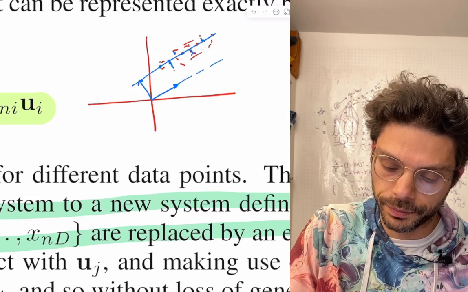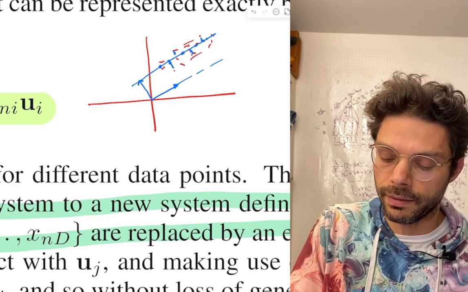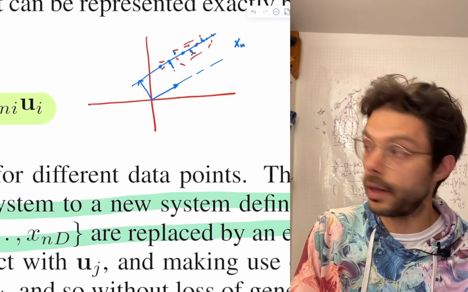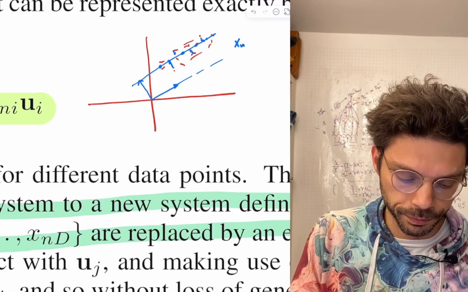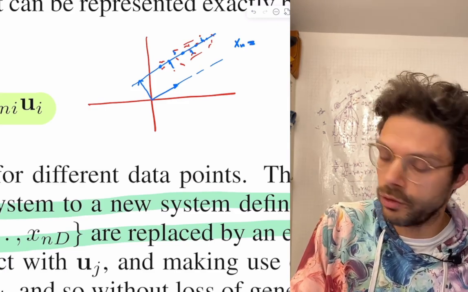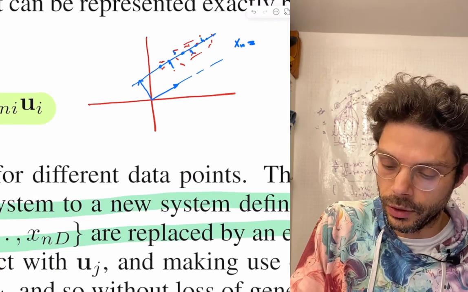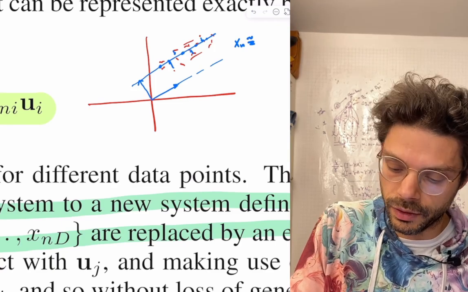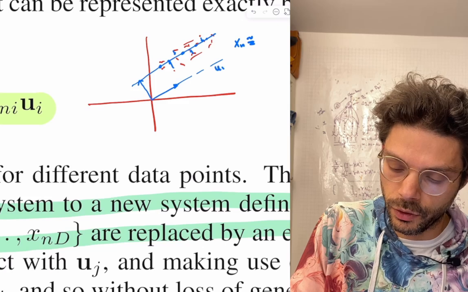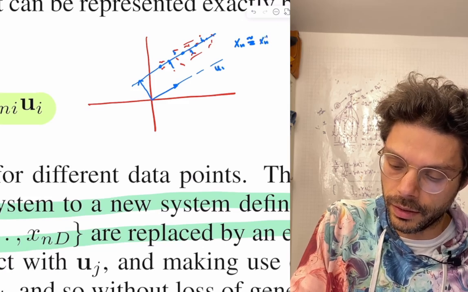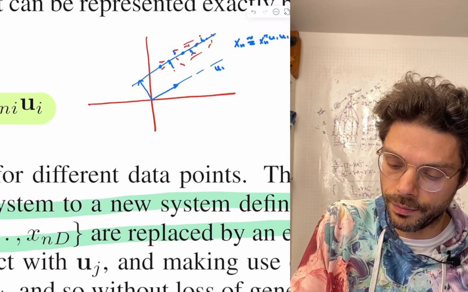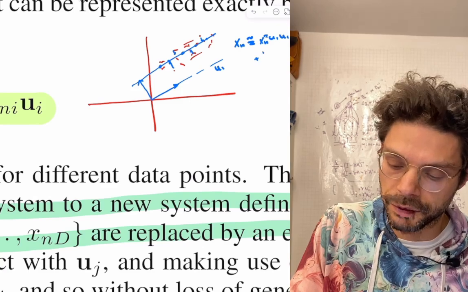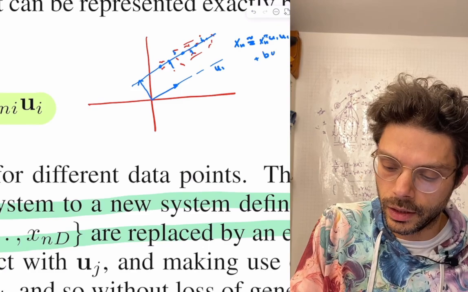Right? So the idea will be that, in this simple case, your nth data point is going to be approximately, let's call this direction U1, so it'll be x_n, this is a projection, plus some constant offset that we'll figure out, times U2.